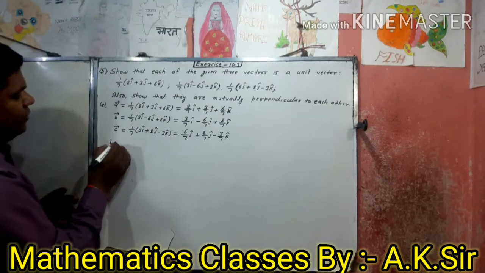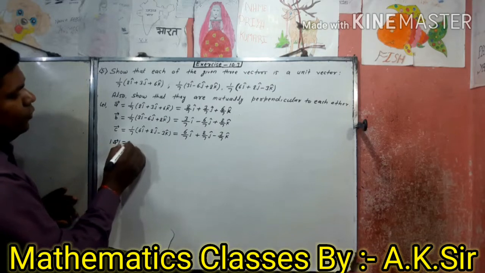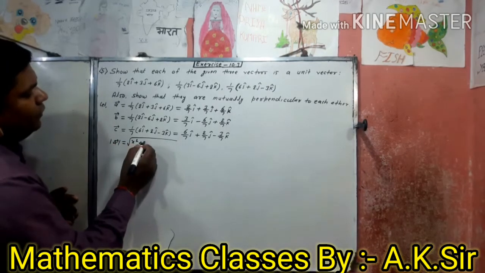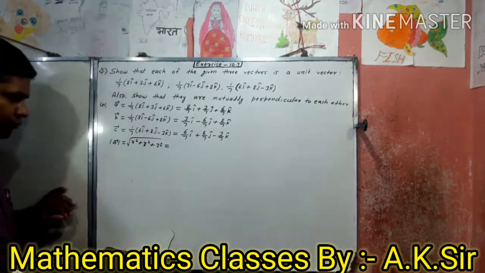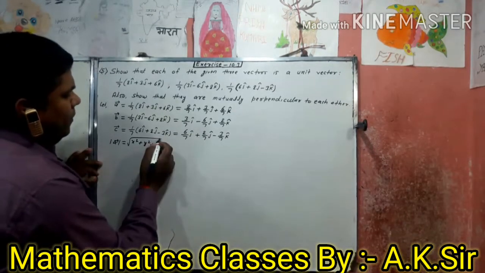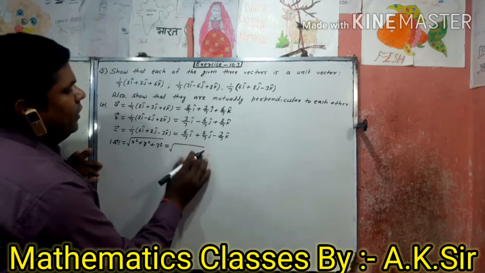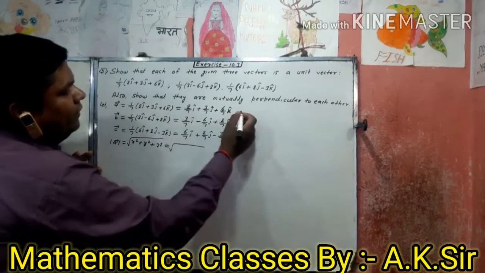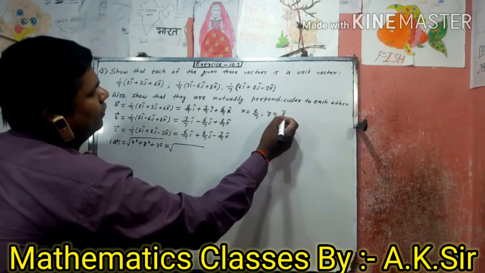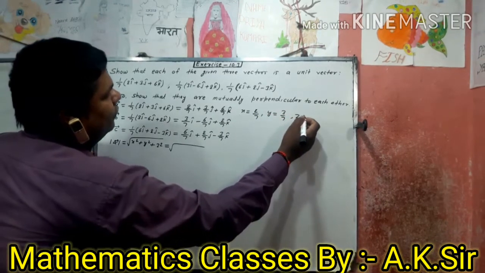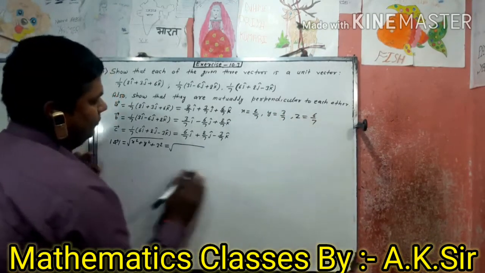We find magnitude of A vector is equal to under root x square plus y square plus z square, where the value of x is 2 by 7, y is 3 by 7, z is 6 by 7.